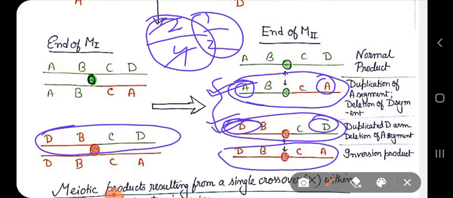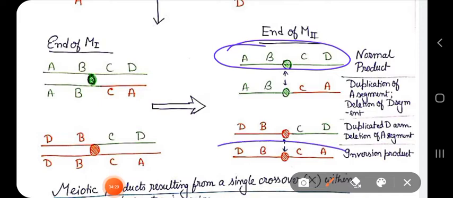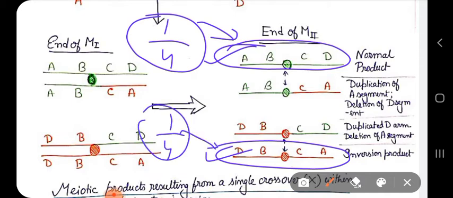So when they are distributed in gametes, the gametes become non-viable. While the other half will be functional, but one of them is normal. That means out of 4, one is normal. While the other quarter, that is 1 by 4, will have a chromosome with the inverted segment. Right?